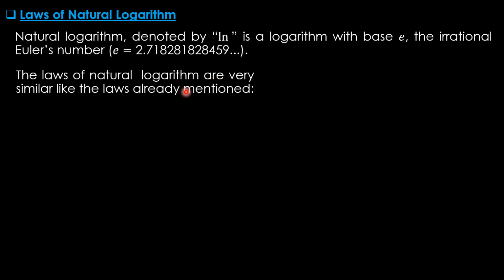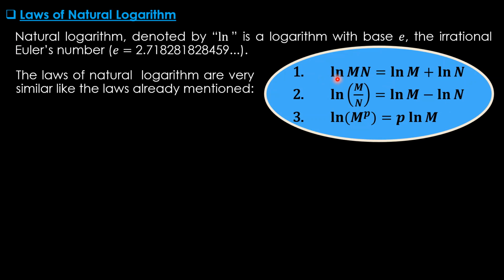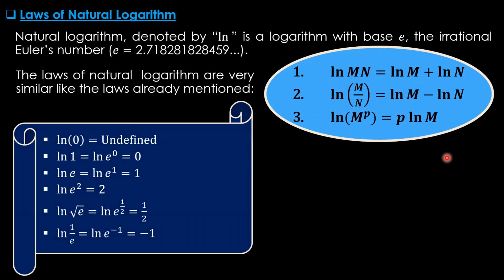The laws of natural logarithm are very similar to the laws already mentioned. ln mn, where ln means natural logarithm, equals ln m plus ln n. ln of m over n equals ln m minus ln n. ln m to the power p equals p ln m. ln 0 is undefined. ln 1 means ln e to the power 0, which equals 0. ln e means ln e to the power 1, which equals 1. ln e to the power 2 equals 2. ln square root of e means ln e to the power half, which equals half. ln 1 over e means ln e to the power minus 1, which equals minus 1.